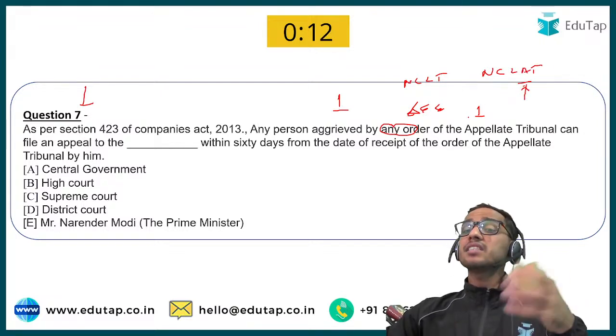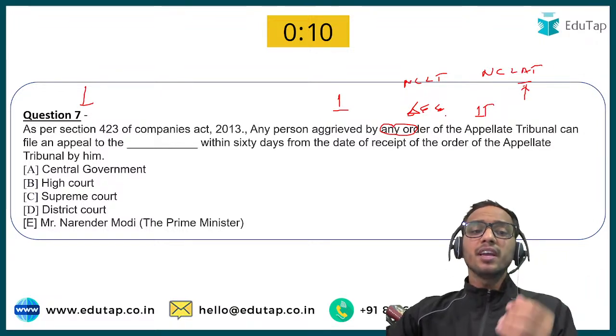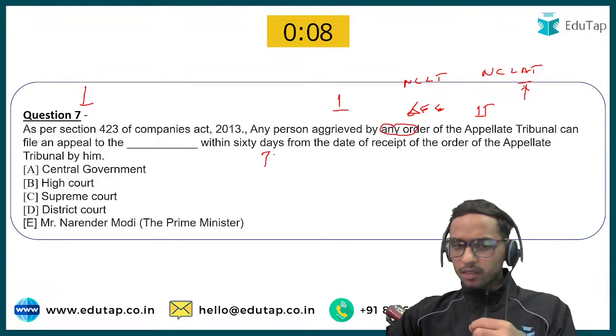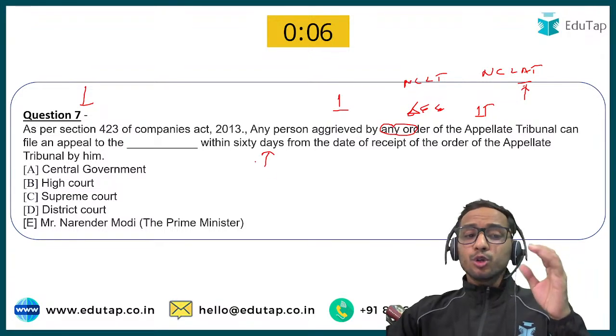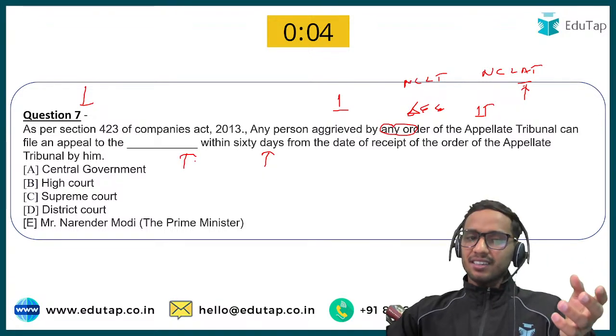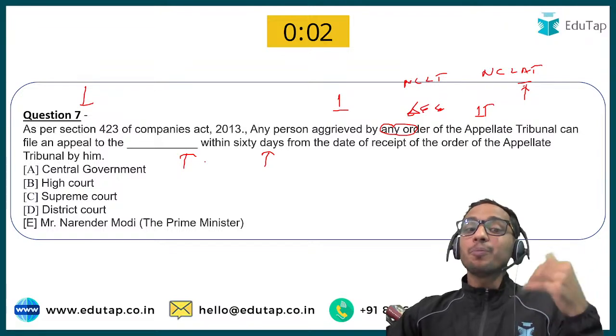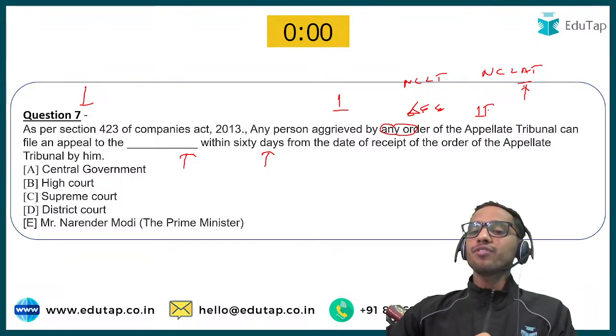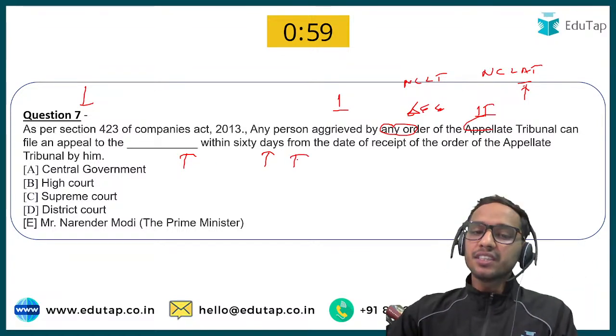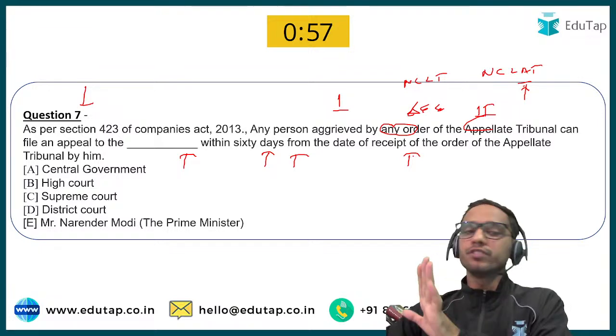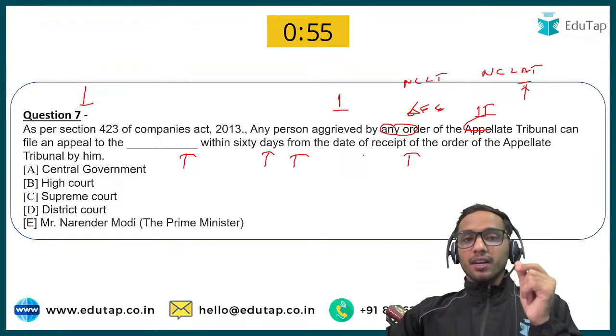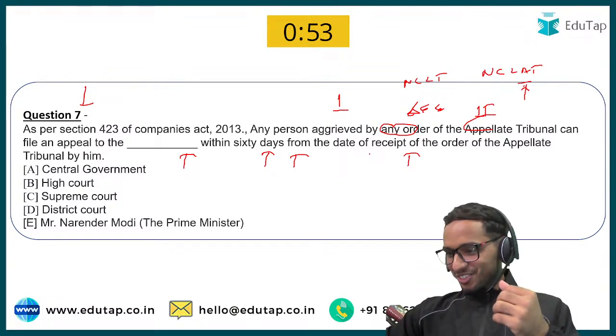So if any party is aggrieved by the order of Appellate Tribunal, in how many days? No, days is given to you. It says to whom it should file its appeal against the order of Appellate Tribunal within 60 days from the date of receipt of the order of the Appellate Tribunal. See, let me check first of all.